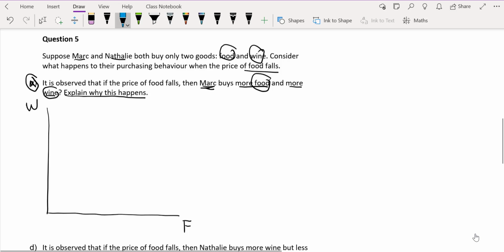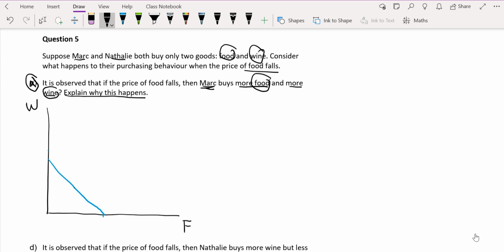So let's derive this in the graph. So we have the original budget constraint with food 0, and let me just leave them as they are, because I want to preserve this F0 and W0 for the initial optimal bundle points.